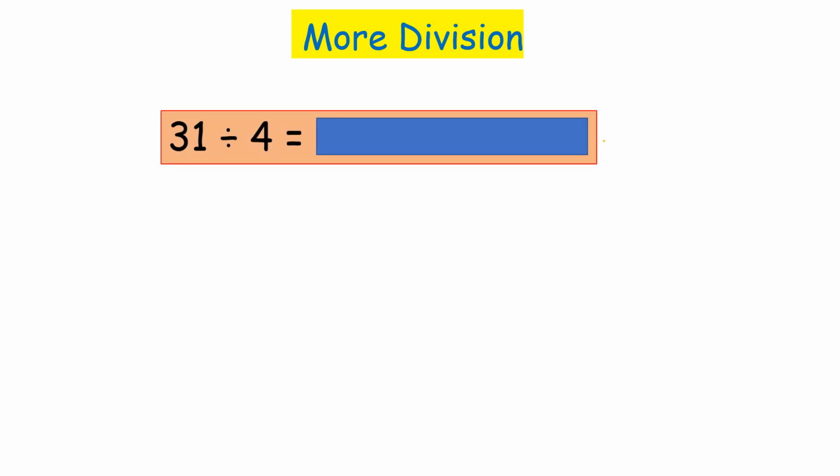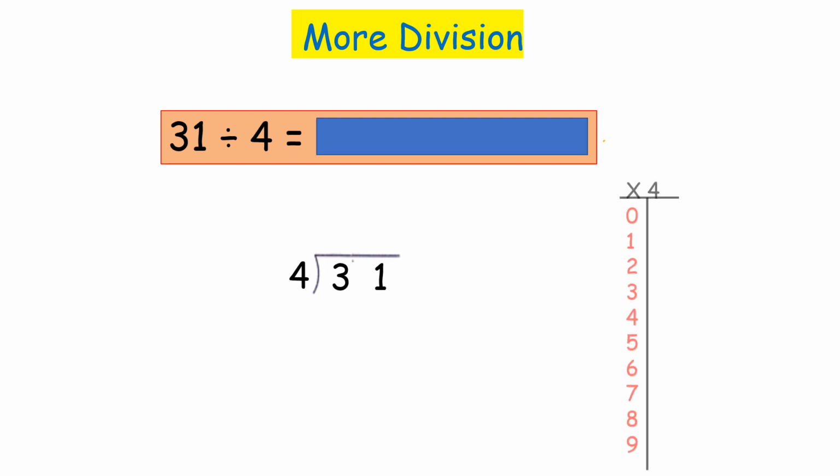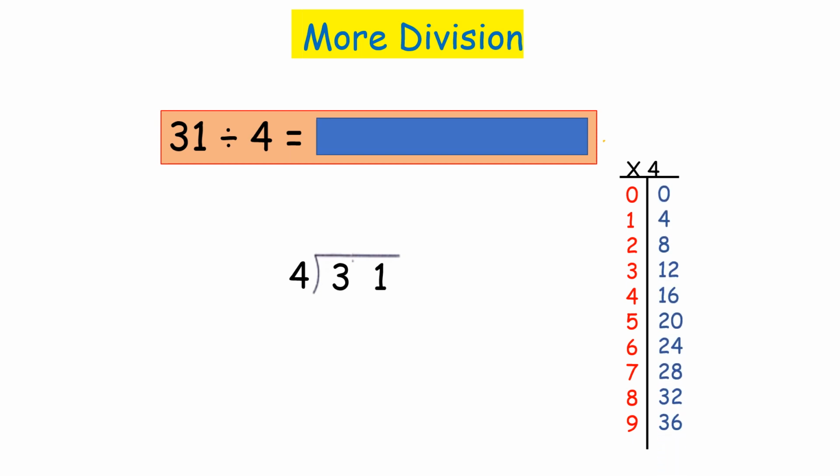Next example, 31 divided by 4. We draw the symbol first, write the 31 inside, 4 outside, and then build the 4 times table. We start from 31 here.